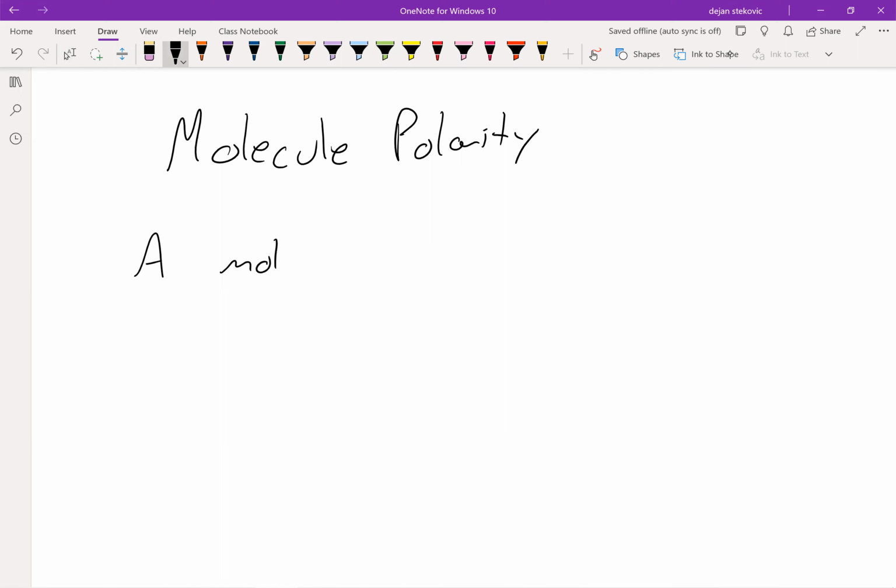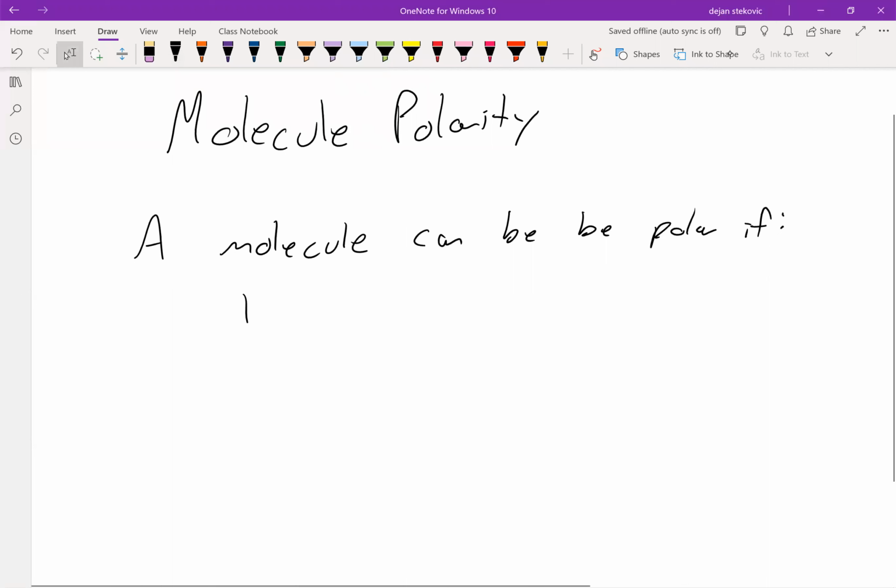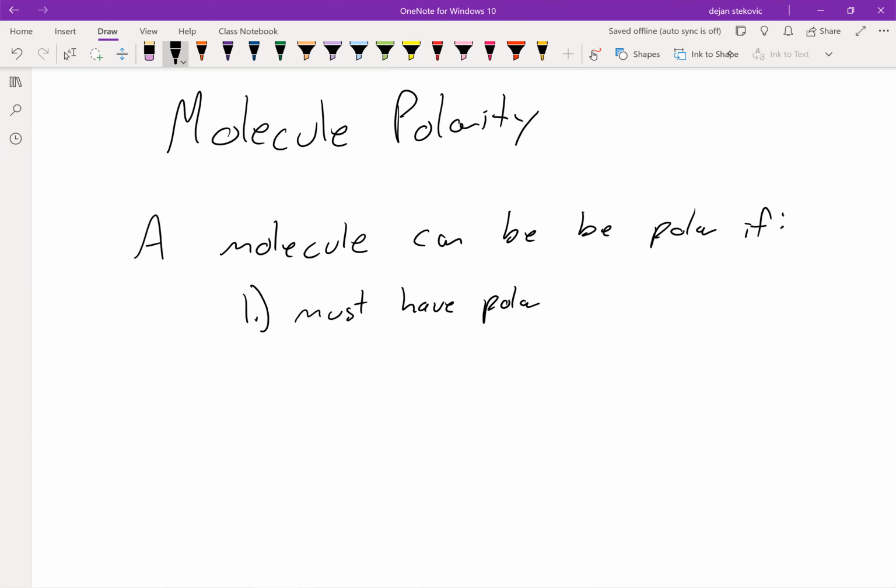So a molecule can be polar if two things occur. One, they must have polar bonds. We represented that as a dipole, right?